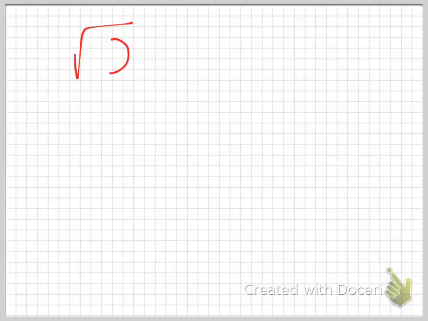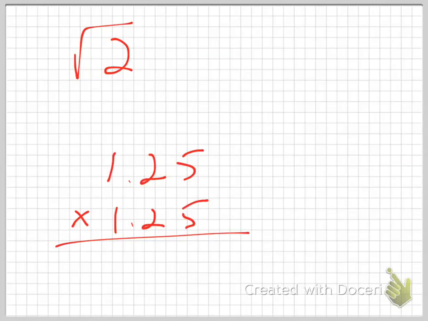So we're trying to figure out the square root of 2. 1.25 times 1.25. First of all, the very fact that this 5 times 5 makes a 5 down here means that there's going to be decimals, and that's not going to equal 2. 1.4 times 1.4, when you multiply the two 4s, that makes a 6, and oh, that's not 2.